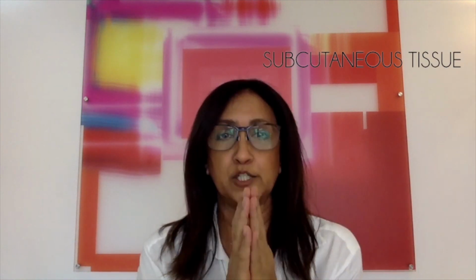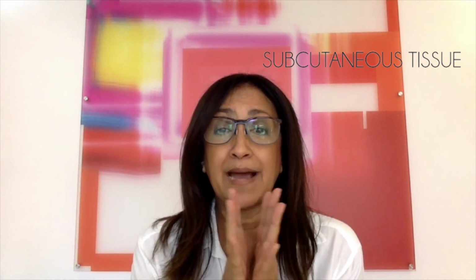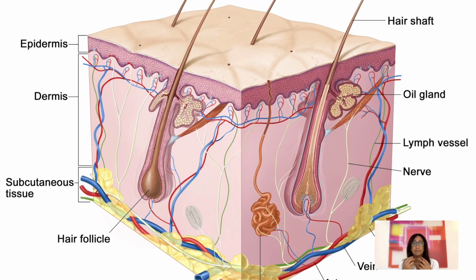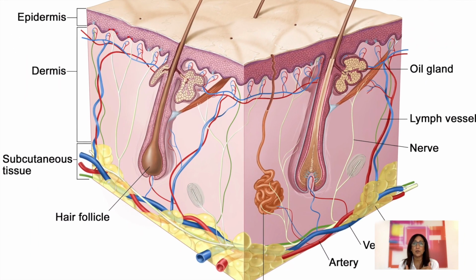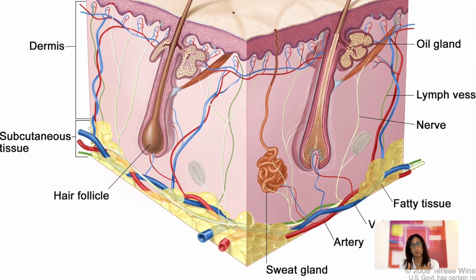So let's recap. You've got the 5 layers of the epidermis. You've got a membrane that holds the epidermis and the dermis together. And then below the dermis, you have the subcutaneous tissue. This is made up of adipose tissue, which is basically fat. It lies between your skin and your muscle. That is really good for conserving body heat.